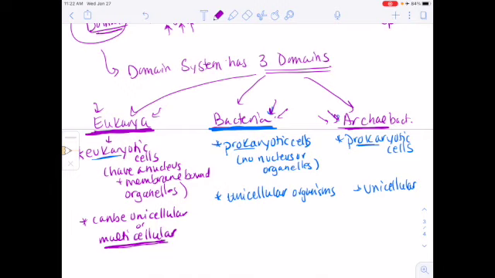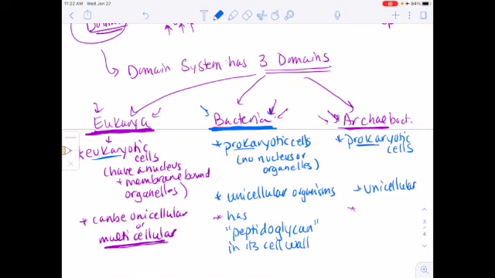Okay, so what is the difference between bacteria and archaea? There is one major difference, and let's go back to blue. Everybody in the domain bacteria has a substance called peptidoglycan in its cell wall.